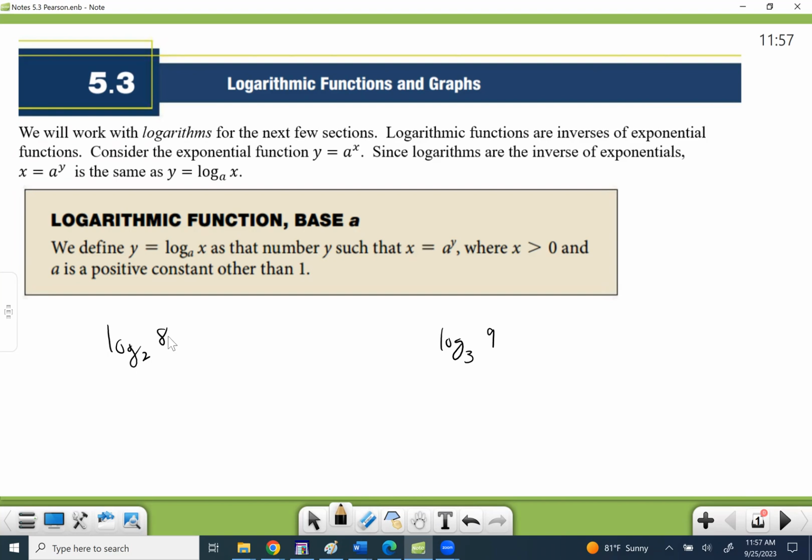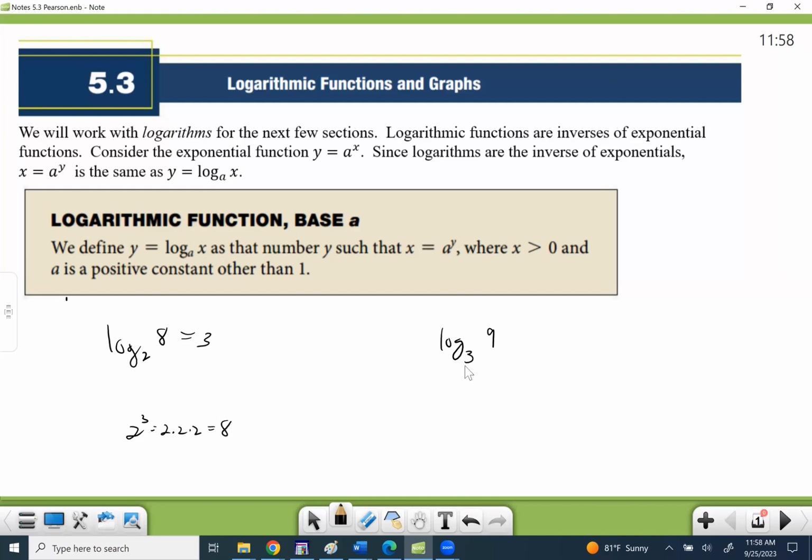So here's how I would think about this. I would say 2 to what power, to what exponent would be 8? And so the answer would be 3. So you're just looking for the exponent on this bottom number that'll get you this number. Since 2 to the third is 2 times 2 times 2, 2 times 2 is 4, times 2 is 8, then the answer is 3.